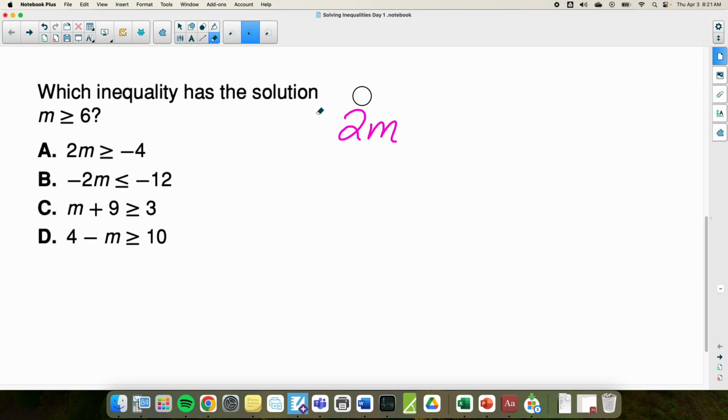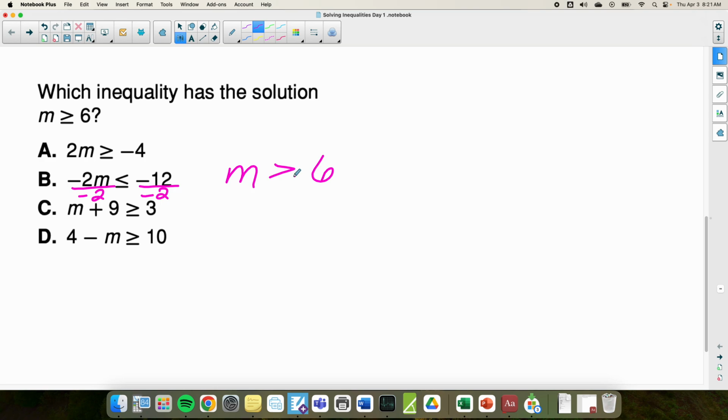Here, if we divided by a -2, would we get m is greater than or equal to 6? So if we divide that by -2, that is 6. When you divide by a negative, you have to switch your sign. So that one does work.